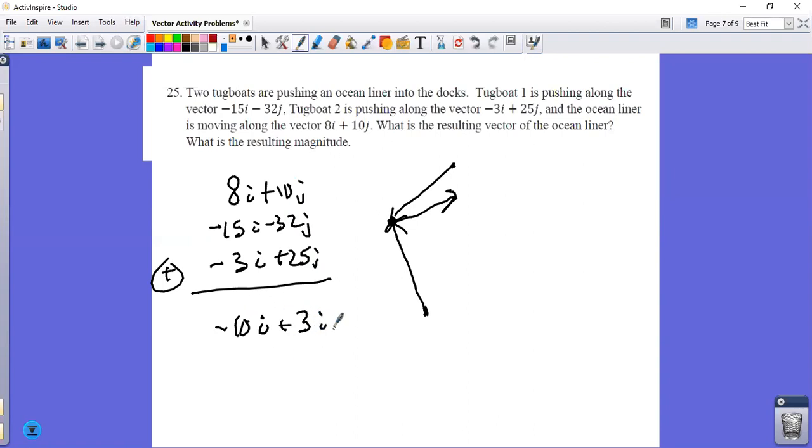So that's what direction they're pushing it into. And the resulting magnitude is the square root of 10 squared plus 3 squared, 10.4. And that could be a force or a speed, it doesn't really say.